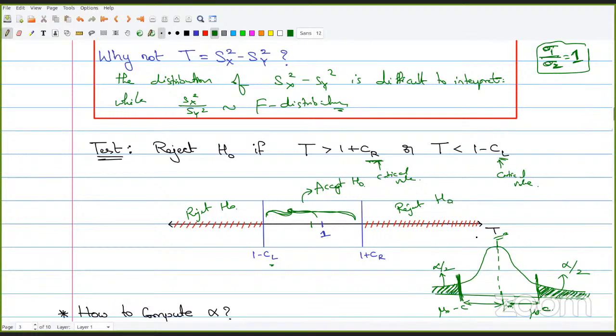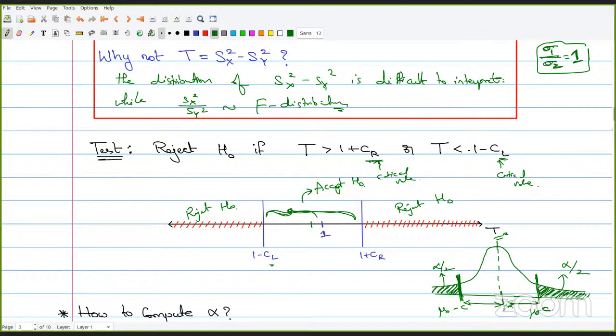Either you check whether your T is greater than 1 plus CR, then you reject. If it is less than 1 plus CR and greater than 1 minus CL, then you accept.